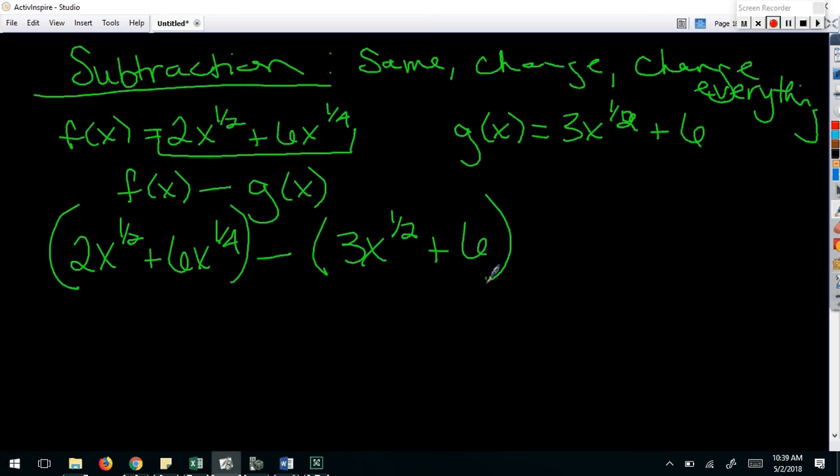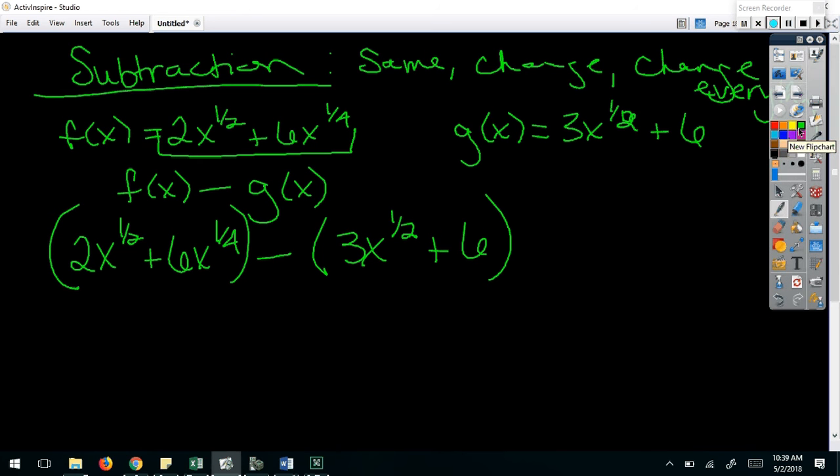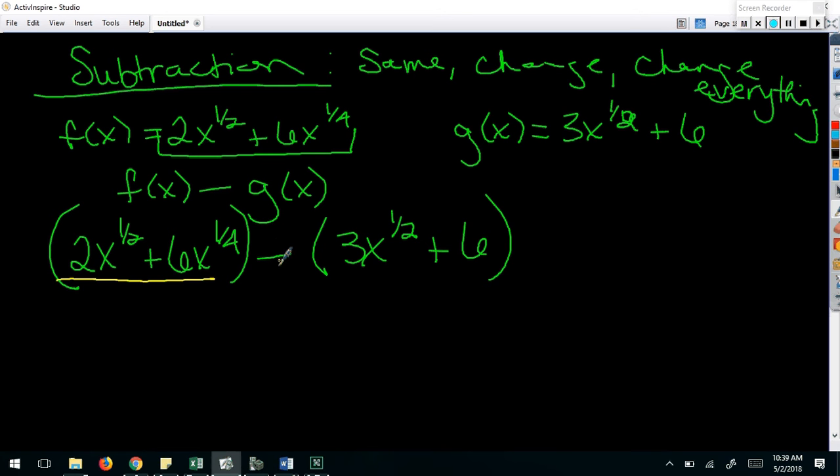Because I'm subtracting everything in g, keep this the same, change this, and change this.